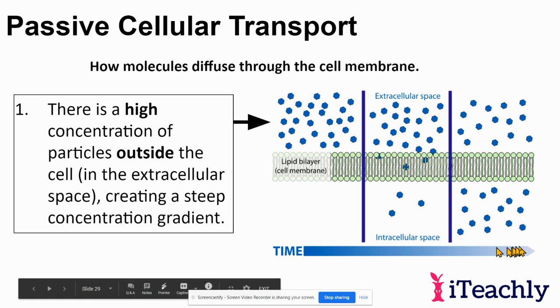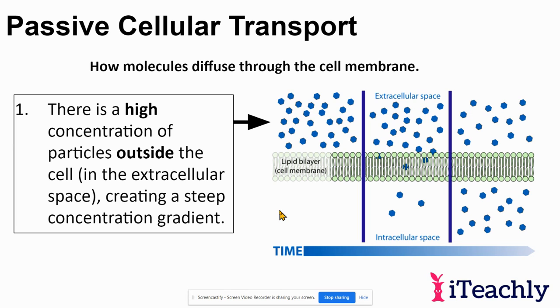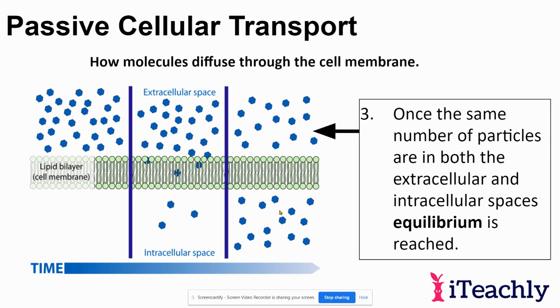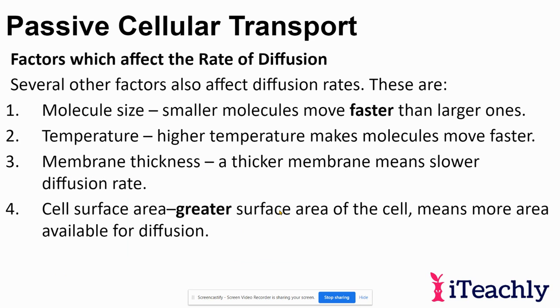This is over time. They're just going to keep moving until they get to equilibrium. So small nonpolar molecules are going to move across, and large polar molecules are not going to move across.